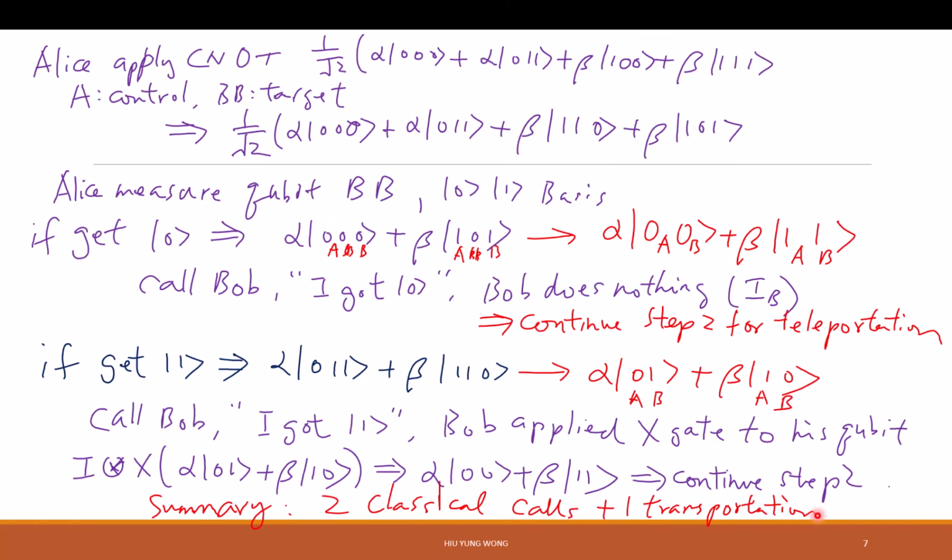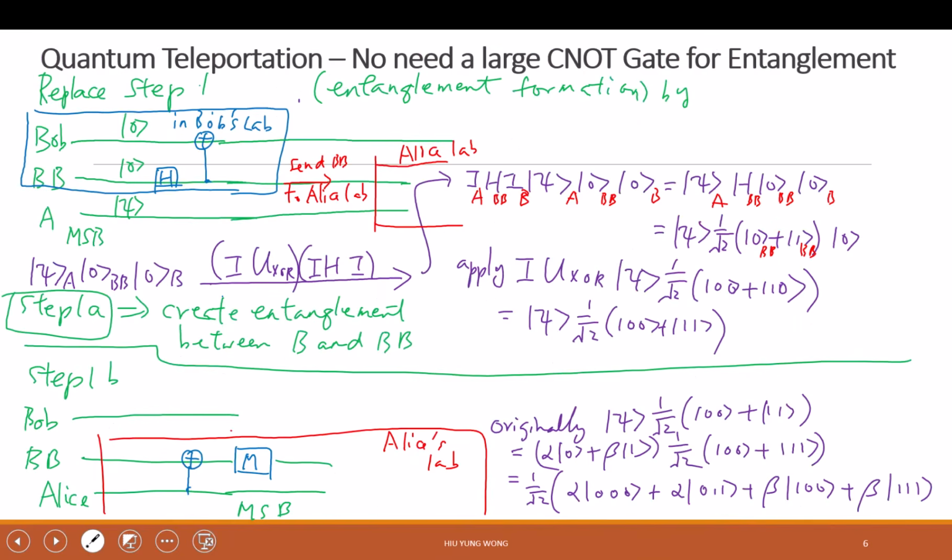It is something a little bit like entanglement swapping. Actually, Bob's qubit is entangled with Alex's qubit through another means. Do you see that? Yeah, you're right. So originally, the second qubit, we can look at this. This is a good question. This is the original state. You see, the second qubit is entangled with the third qubit because 00, 11. Whenever it is 0 for BB, it is 0 for B. When it is 1 for BB, it's 1 for B also, right?